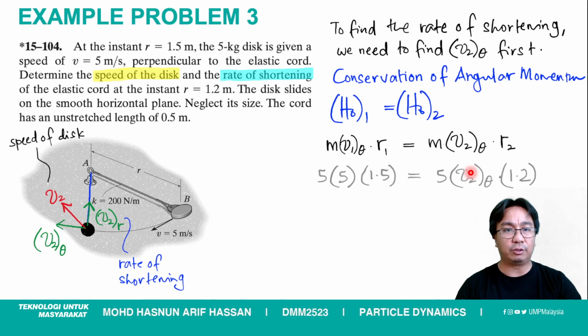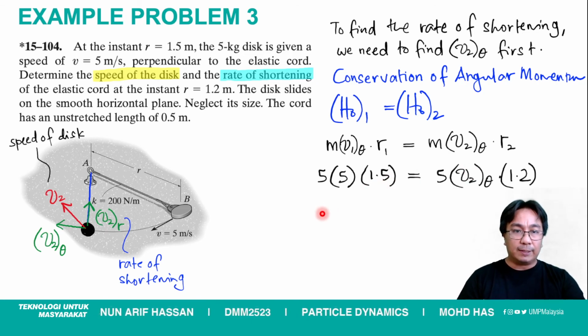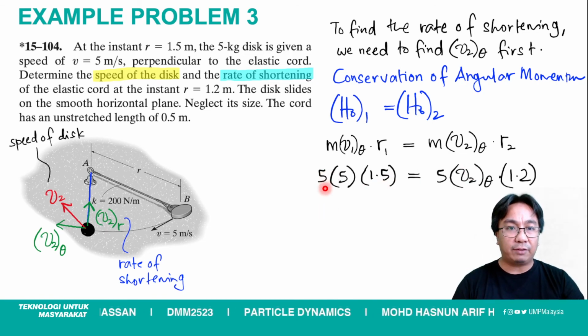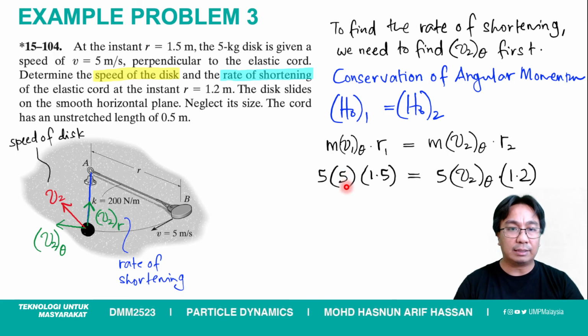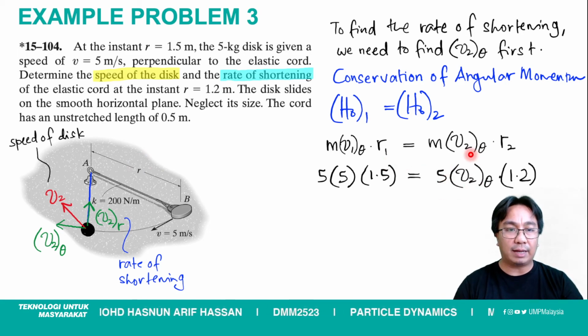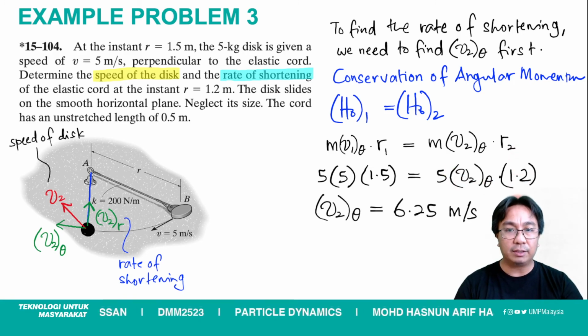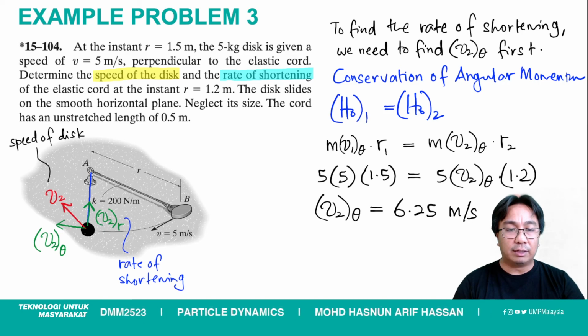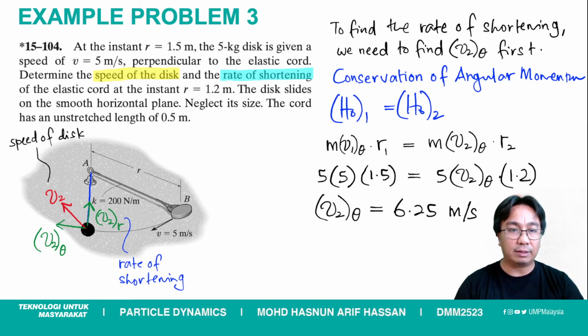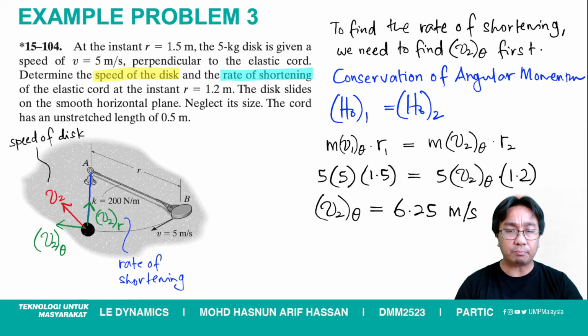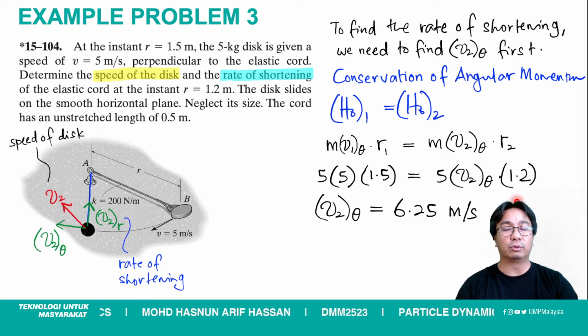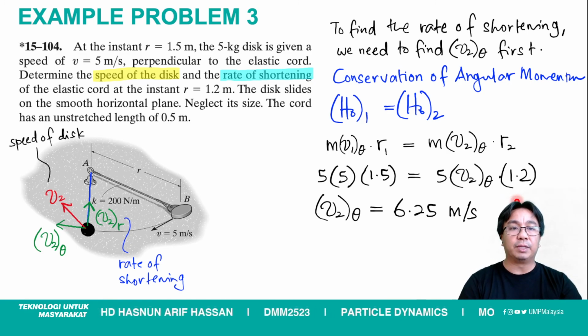So we substitute the values in. m is 5, v1 theta is 5, r1 is 1.5. On the right hand side, m is 5, v2 theta is unknown, and r2 is 1.2. From here, you will get the transverse component of v2 equal to 6.25 meters per second.